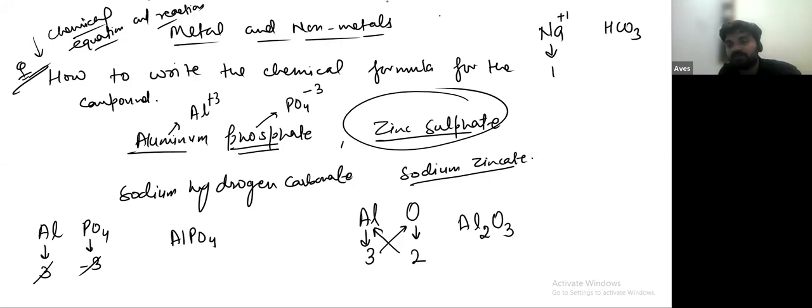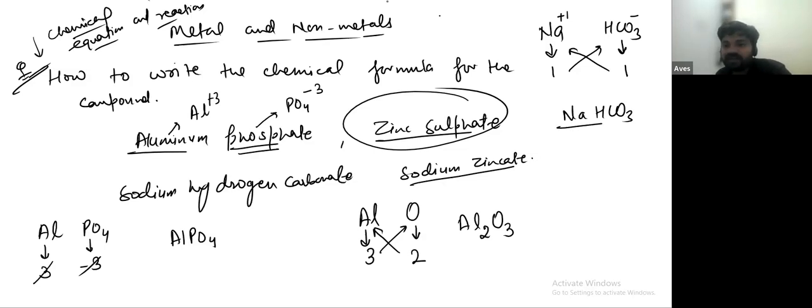Na is positive, and hydrogen carbonate is HCO3 minus. The minus sign indicates that it is negative. When you multiply these two terms, you will get NaHCO3 because both of them have the same charge. Got it? Got it?